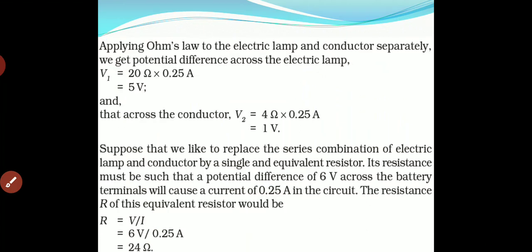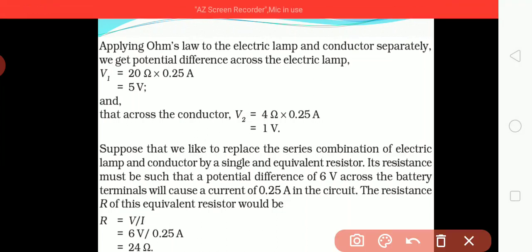Now applying Ohm's law to the electric lamp and the conductor separately. V1 is equal to how much? V1 = 20 ohm multiplied by 0.25 ampere, so V1 = 5 volt.